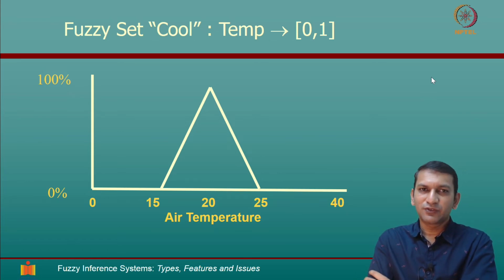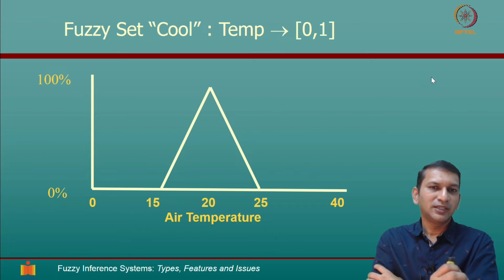Now, we saw that fuzzy sets form the building blocks. So once again, if you are talking about these fuzzy sets, cool, fast, average, medium, then we need a domain on which it could be defined. So we need an appropriate domain and we need an appropriate way of defining it also.